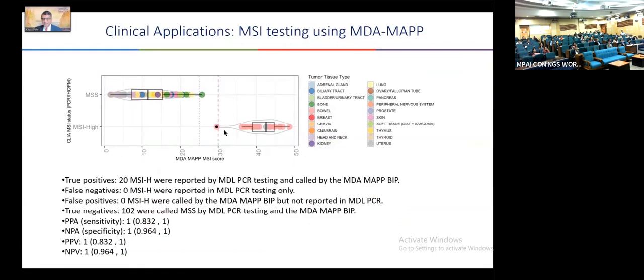Here's an example of how the MSI calls on NGS based panel that we have perform in relation to the conventional size based or fragment analysis based MSI calls. You can see a very high degree of concurrence when it comes to MSI high and MSI stable status. So these are becoming routine, and we are systematically able to now look at all the tumor types for these important biomarkers.